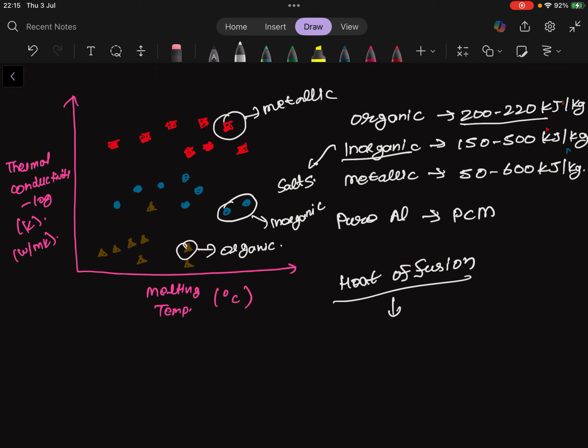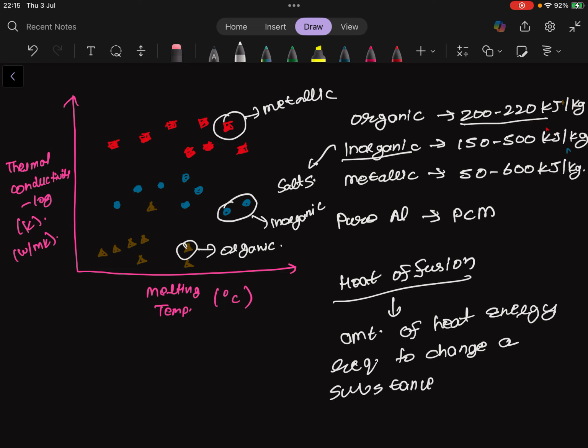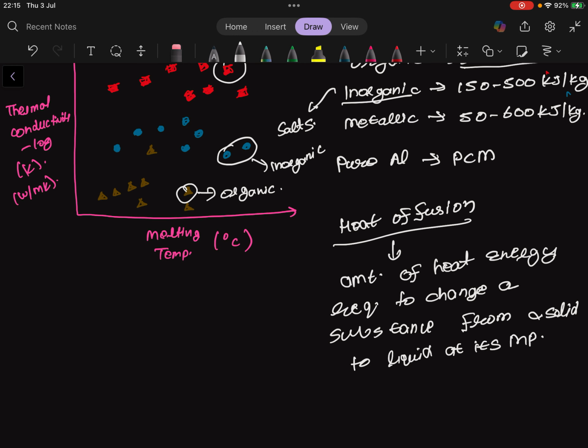This is the amount of heat energy required to change a substance from solid to liquid at its melting point without changing its temperature.